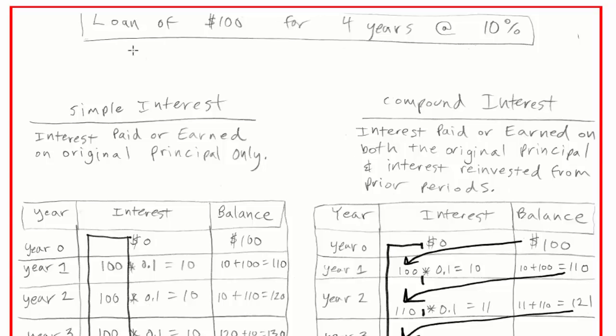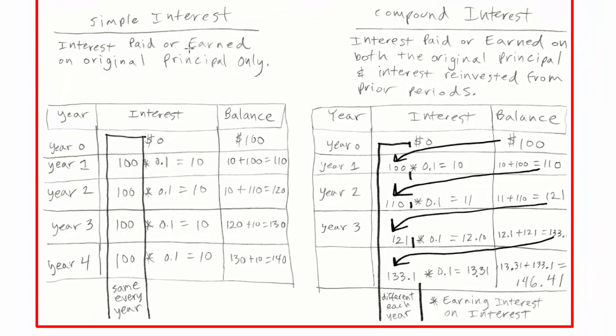Now, we want to look at this example, a loan of $100 for 4 years at an annual rate of 10%. And then we'll compare simple and compound interest. Now, the trick for simple interest is that every year, 1, 2, 3, 4, we're taking the actual original principal. That's the amount we borrowed. Every time it's the same amount, and we multiply it by our annual interest rate to get 10 bucks.